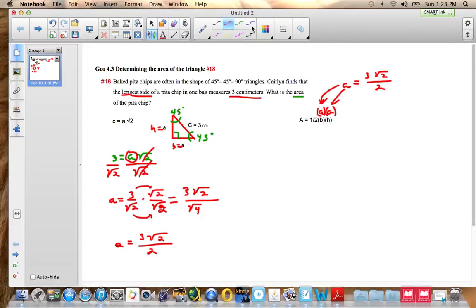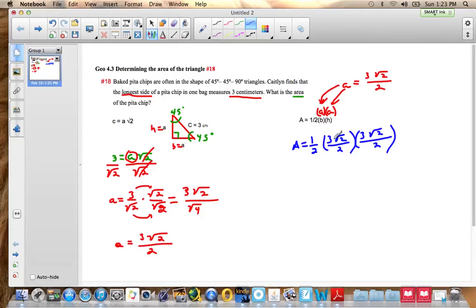So now I can write a new equation, and I can put my numbers in. I can say the area is equal to 1/2 times 3 times the square root of 2 over 2, times A again, which is up here, so 3 times the square root of 2 over 2.